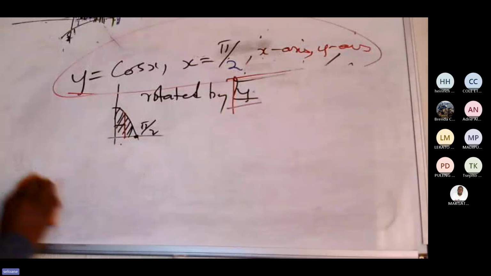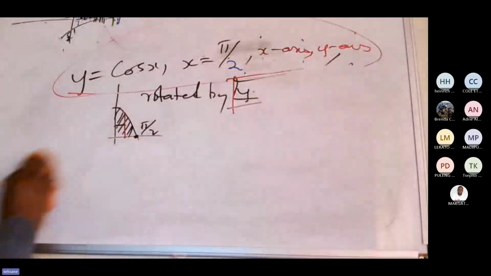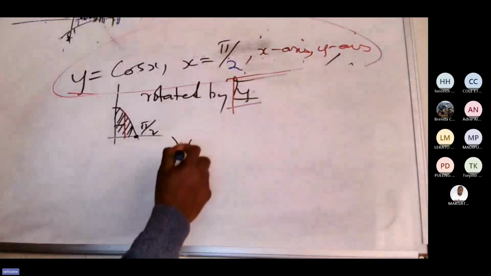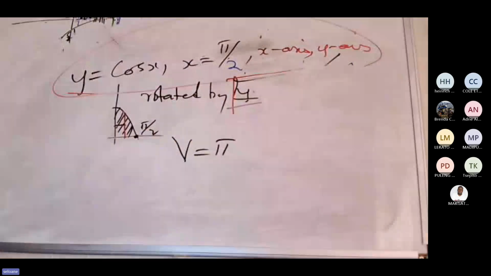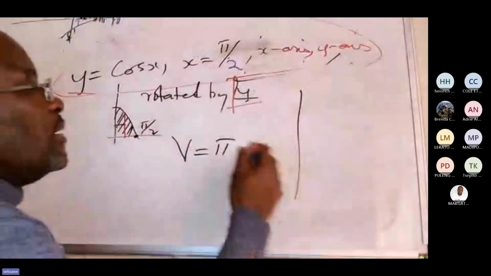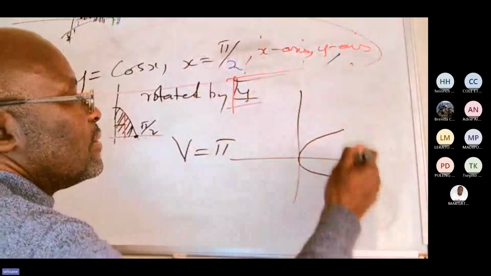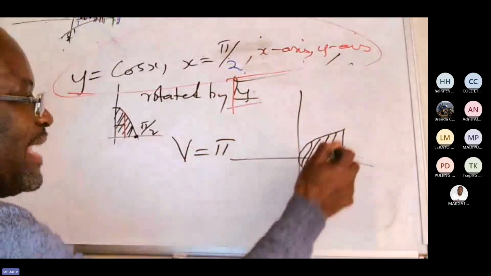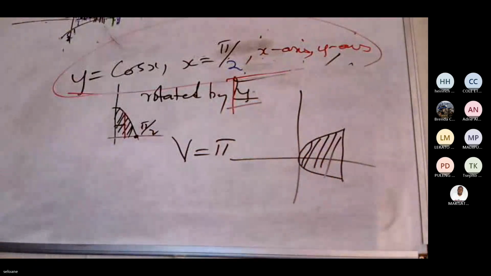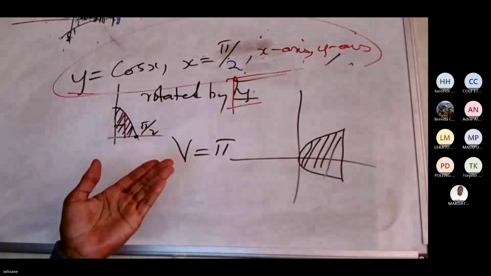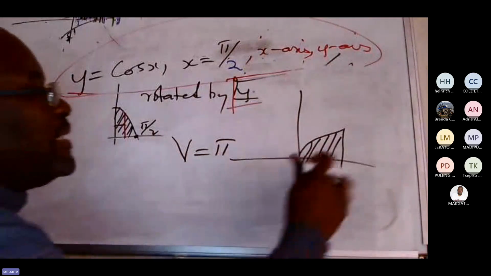But remember, you can only get that expertise if you practice mainly. With the disk method, it will be V equal, there is no 2, unless, let's say, you are spinning the whole region.